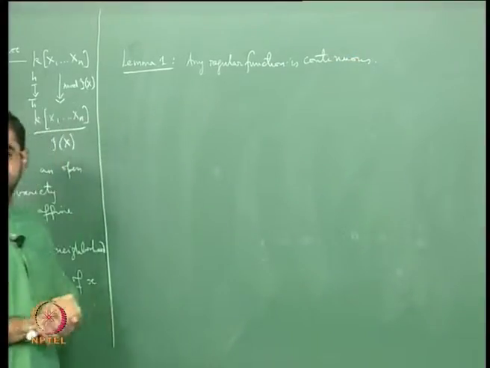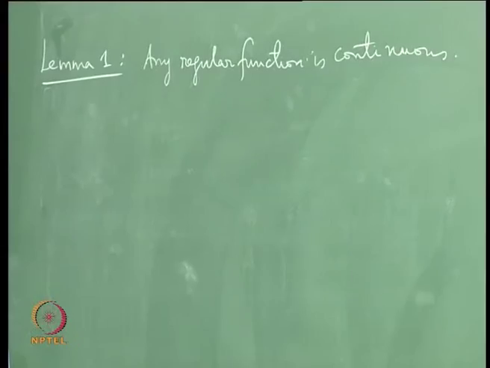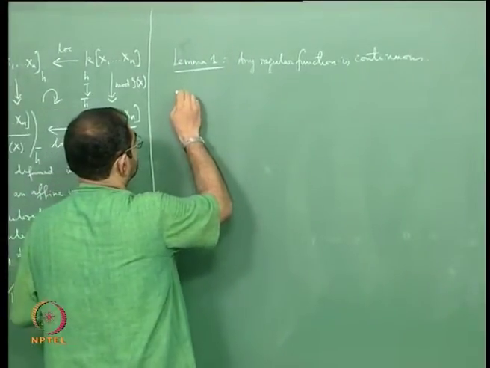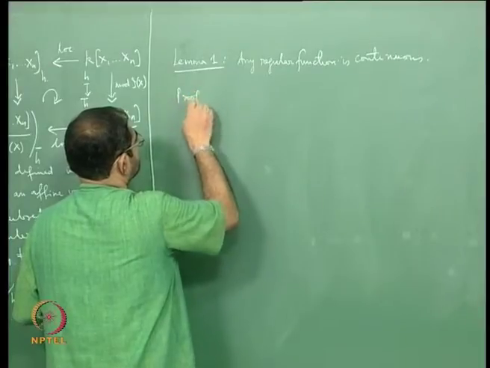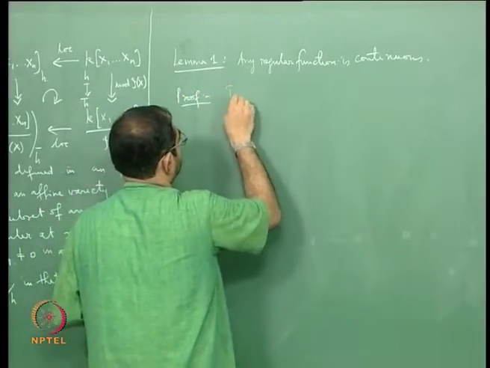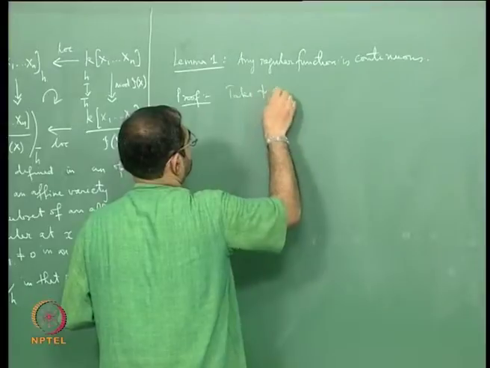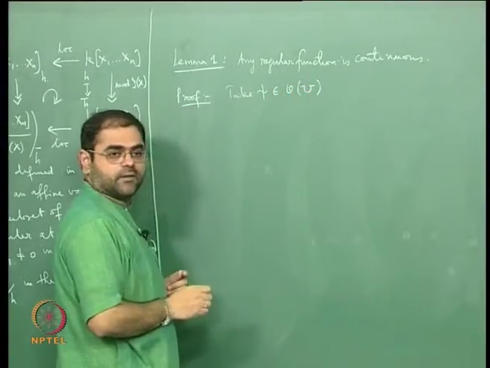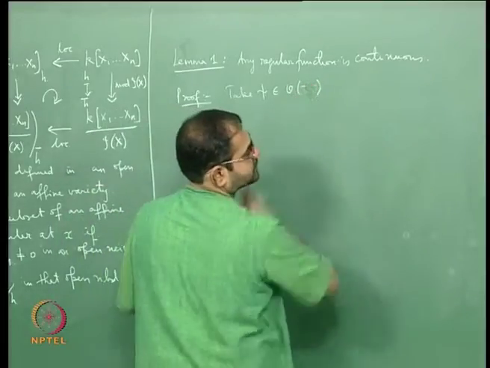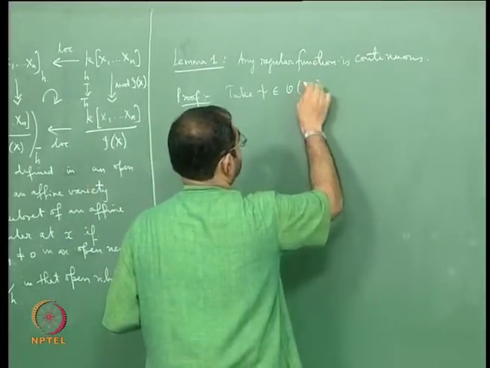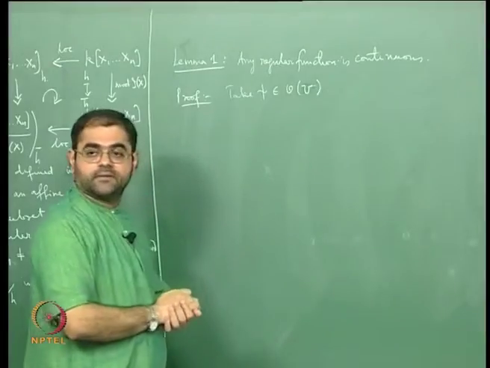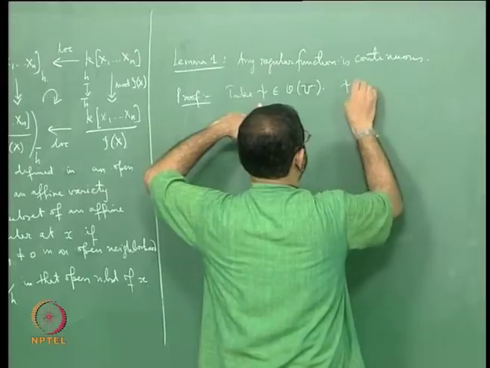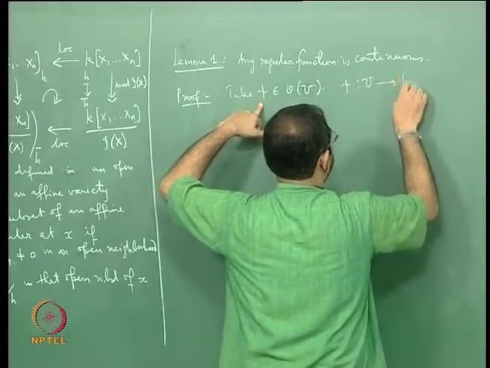So what is the proof? Take psi in O of U, okay, or let me take O of something, so let me take O of U. Then psi is actually a map from U to k.